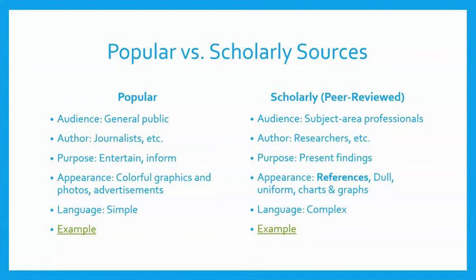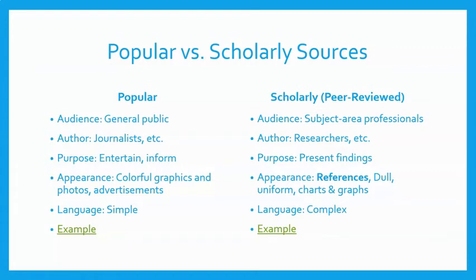So the opposite of a scholarly article is a popular article, and that's probably more what you're used to seeing. Let's talk about some of the ways to identify the differences since you need to be able to locate scholarly sources for your paper.